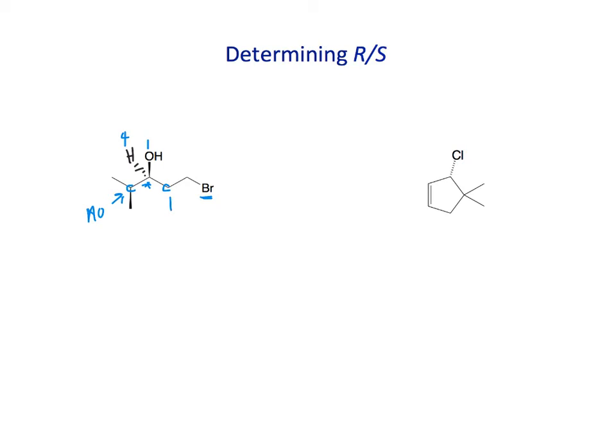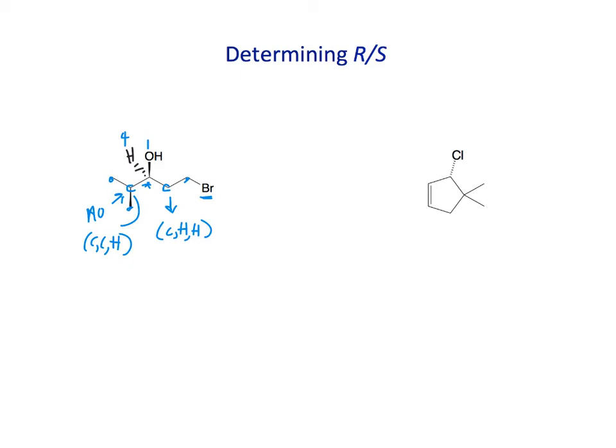So we look at what's attached. This carbon has another carbon out here and 2 hydrogens attached. This one over here has 2 carbons and 1 hydrogen attached.